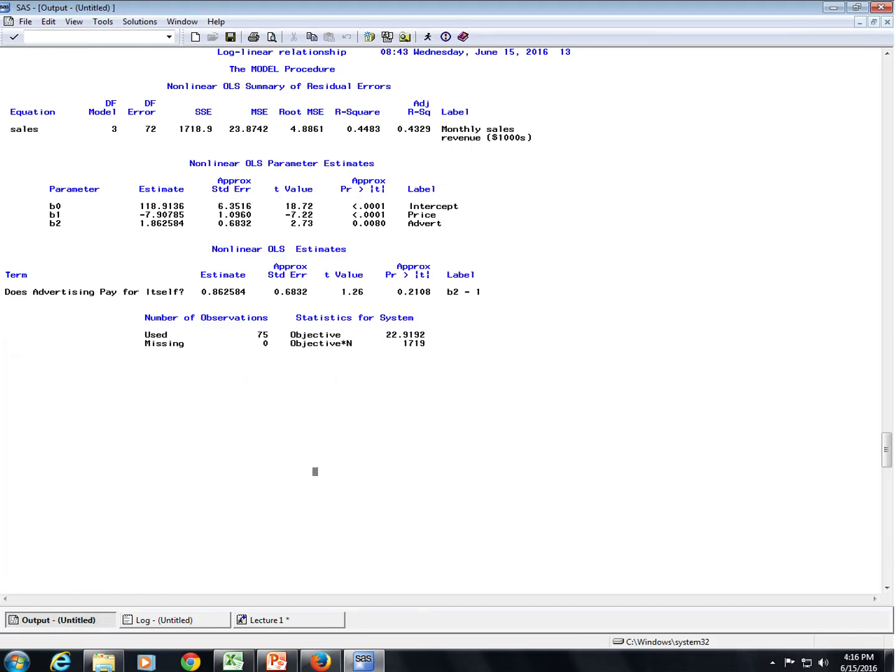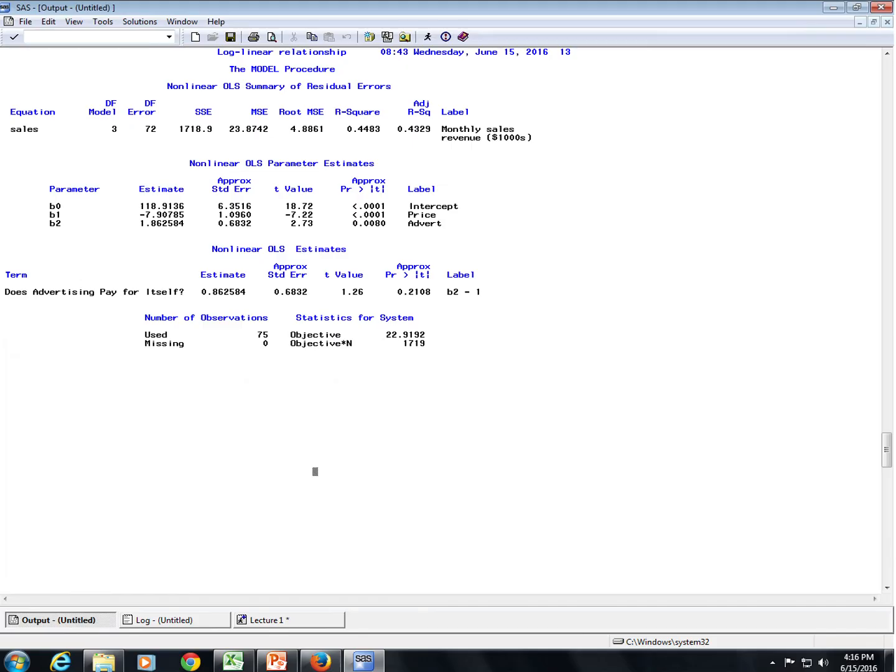In particular, I see that my price coefficient is about negative 8-ish. So it's basically saying that for every $1 we increase in price, we expect sales to decrease by about $8,000.